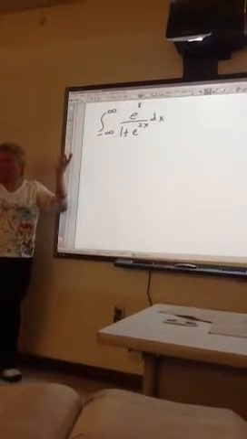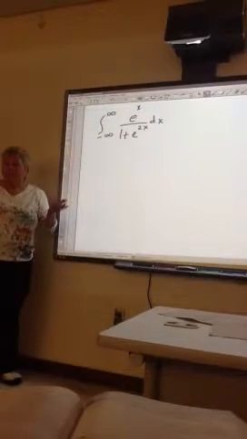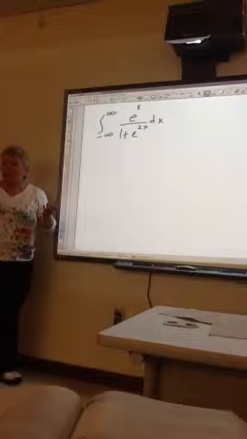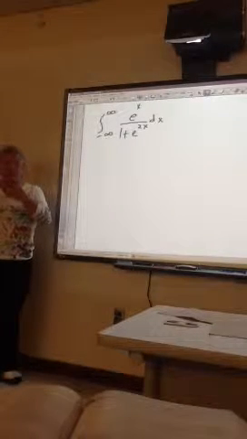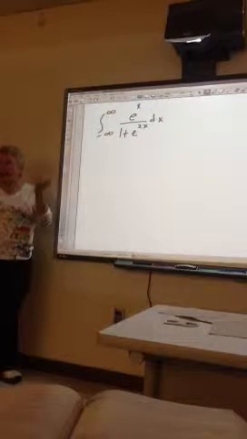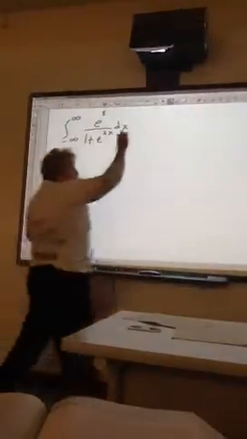If you read the theorem in the book, it says that you have to split this into two, and you get to pick where you make the split point. I almost always make it at 0 because I like plugging 0 in.